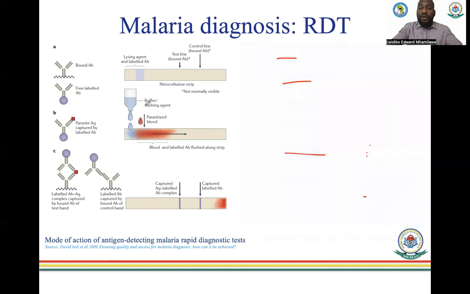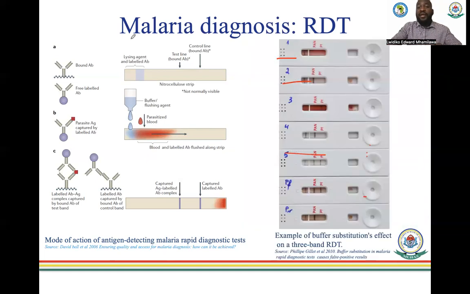This is an example here of a study where they assessed technicians who substituted different buffers from what was provided. They were all given the same sample. So this one, slide number 1, is blood of a non-parasitized patient.